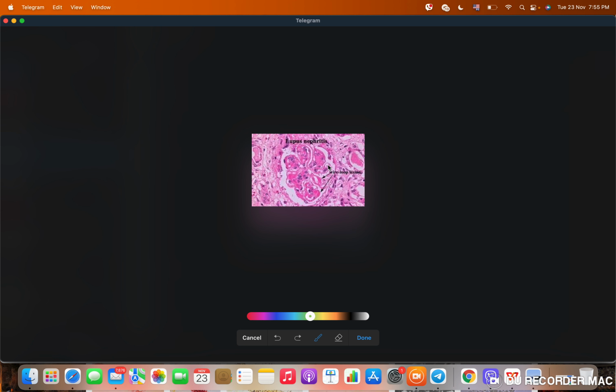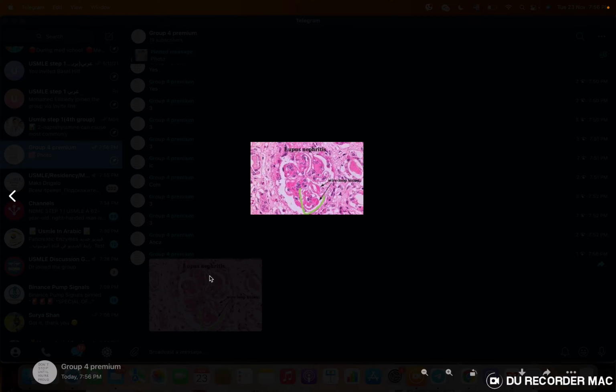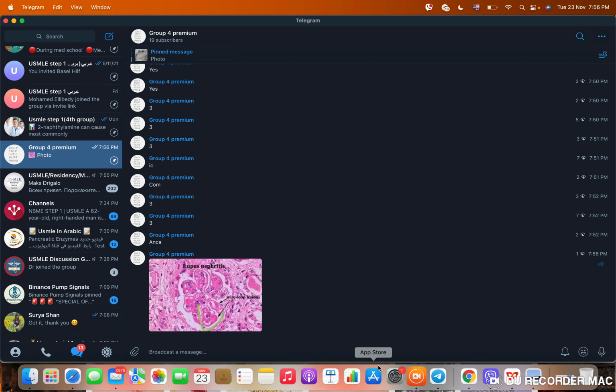So basically there is this little creation of wires here, a wire-like structure. You can see one more here. This is called wire looping, okay? So you can see it here. Yeah, good, it enlarges. So you can see the wire looping here. You can see it here, and you can see it here. So that we call wire looping.